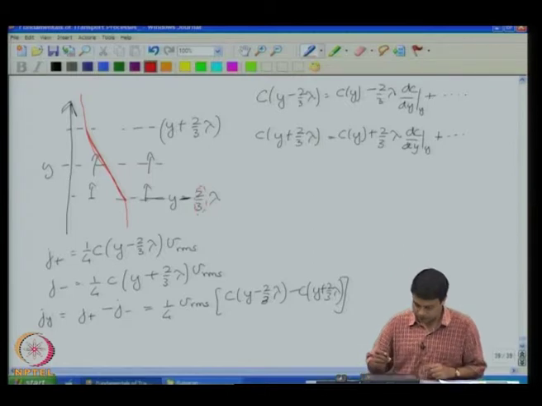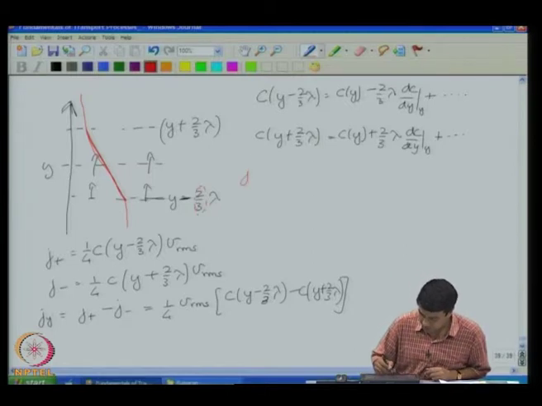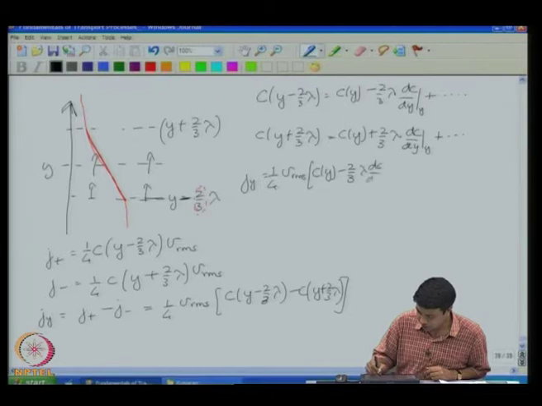And with this, the total flux Jy will be equal to 1/4 Vrms into C at y minus 2/3 lambda dc by dy at y, minus C at y plus 2/3 lambda times dc by dy.